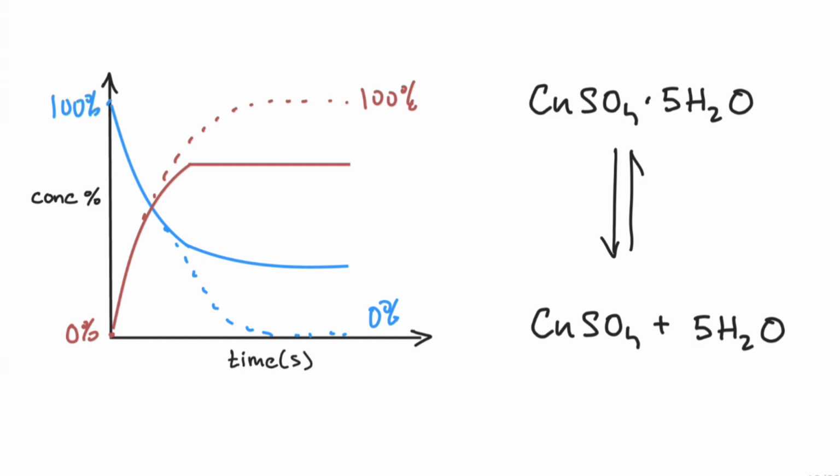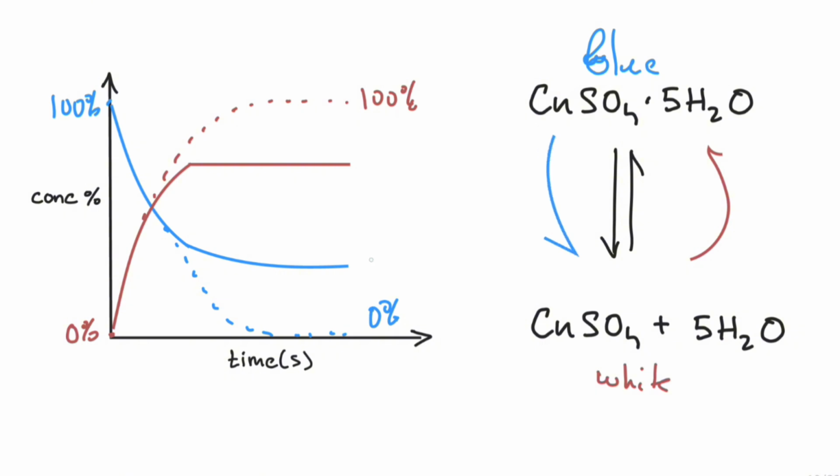However, for the reversible process, you will expect that at some point, so here it will be blue, white copper sulfate, anhydrous copper sulfate, will start to form copper sulfate pentahydrate again. So the reaction will move in both directions.